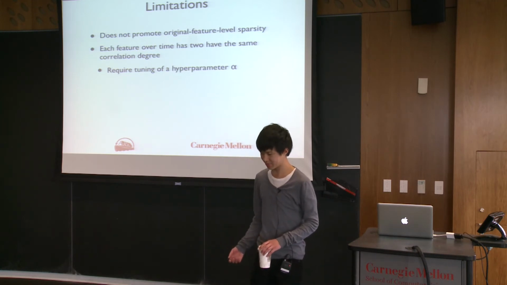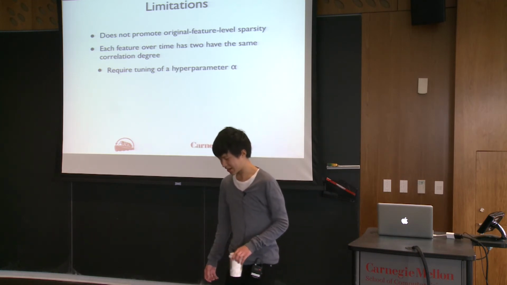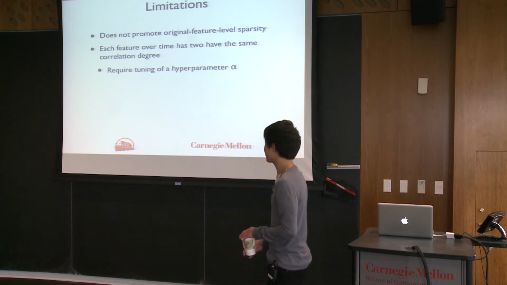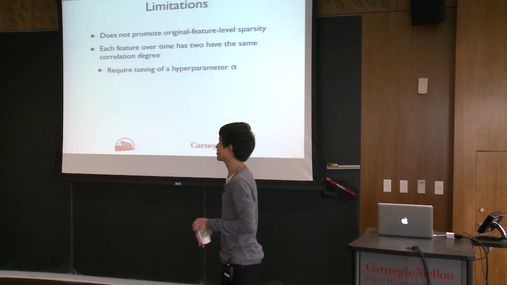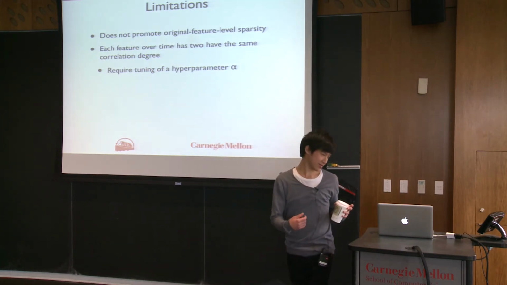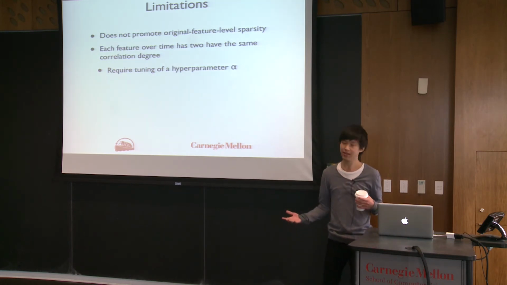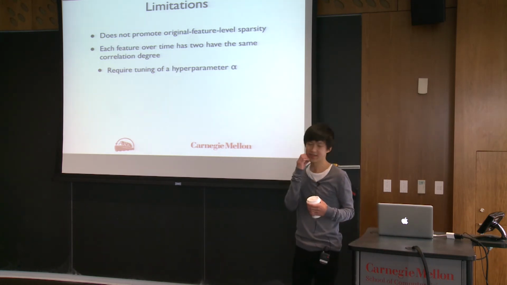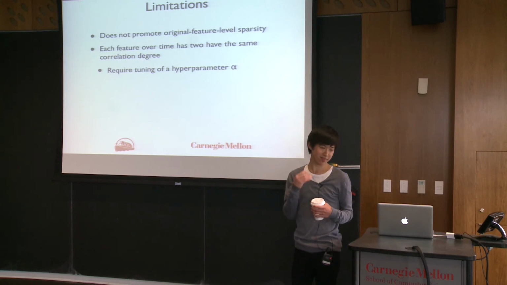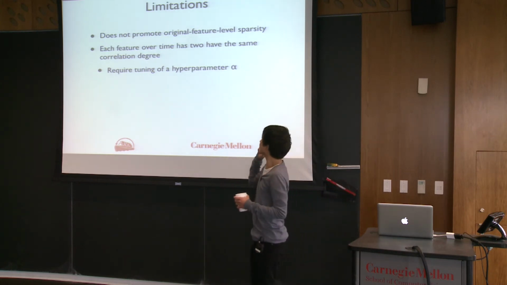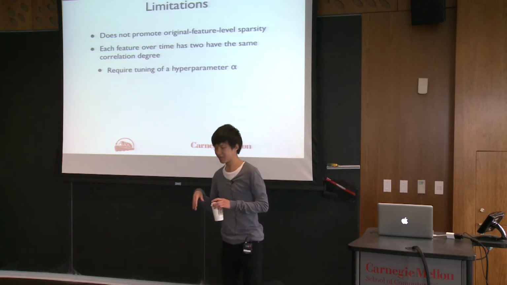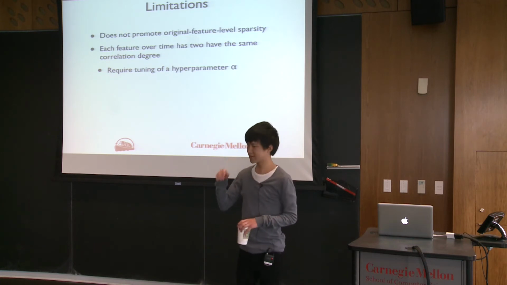The regularization that we propose is nice. We think it gets good results, and it gives something more than just frequency trends. But it still has some limitations. First, it doesn't encourage feature-level sparsity.